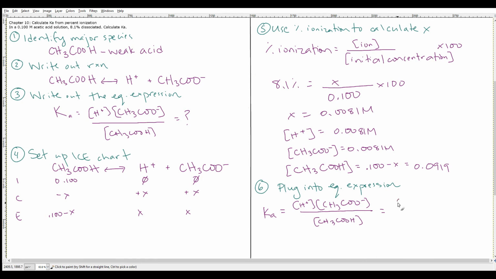In order to save space, I'll write it across. So in the very end, I'll end up with my Ka, 7.1 times 10 to the negative 4. And we are done.